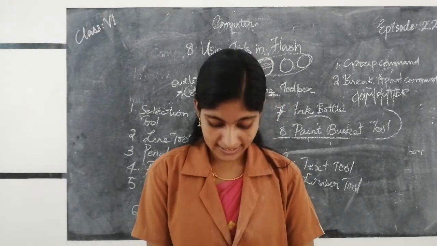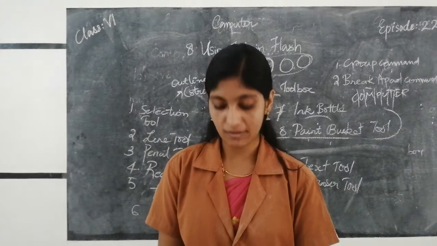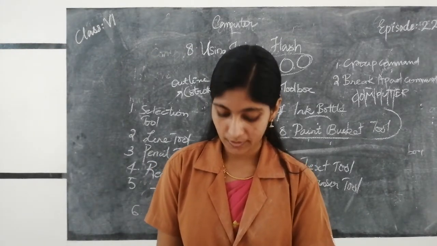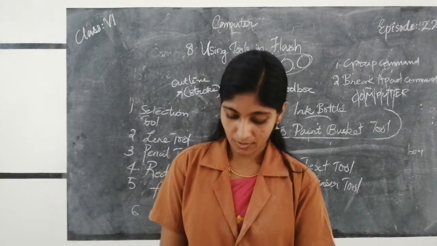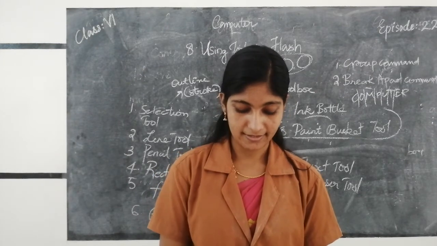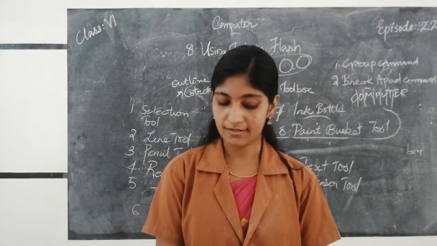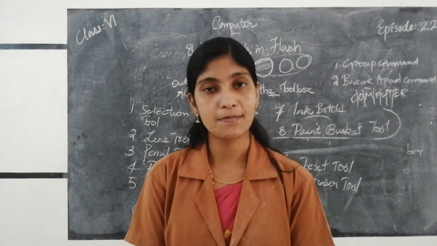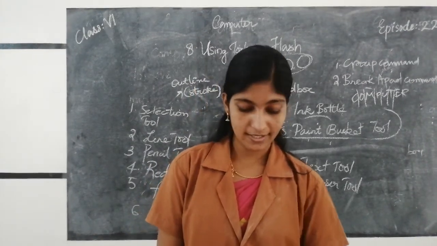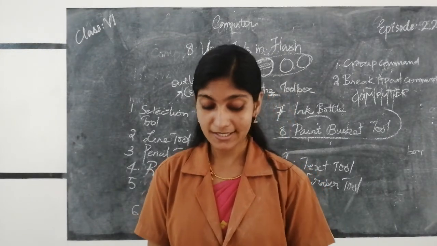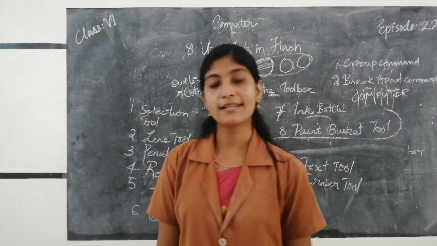Then using the text tool, you can place the text block on the stage. Then the eraser tool to erase the objects partially or completely, etc. So these are the main topics in this chapter. So our chapter is over. Let's continue the remaining chapters in the next section. Thank you.